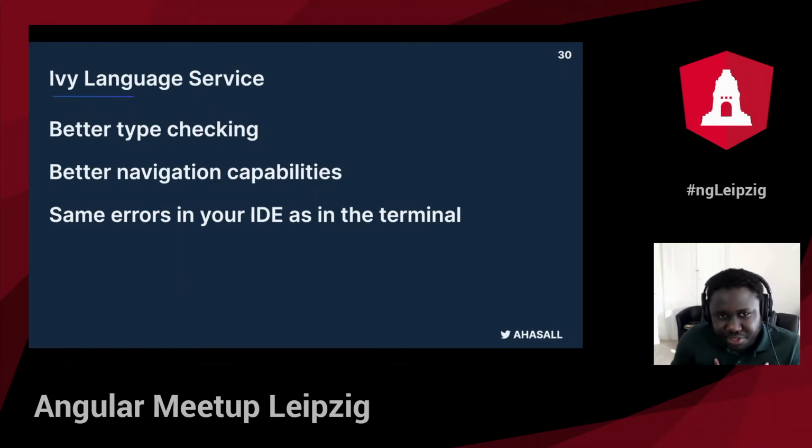I don't use VS Code, I use WebStorm. But for VS Code users, this new IV language service should lead to a better developer experience with better type checking, better navigation capabilities, and most importantly, you will see in your IDE the same errors as in your terminal. So I think this is a huge win for VS Code users.